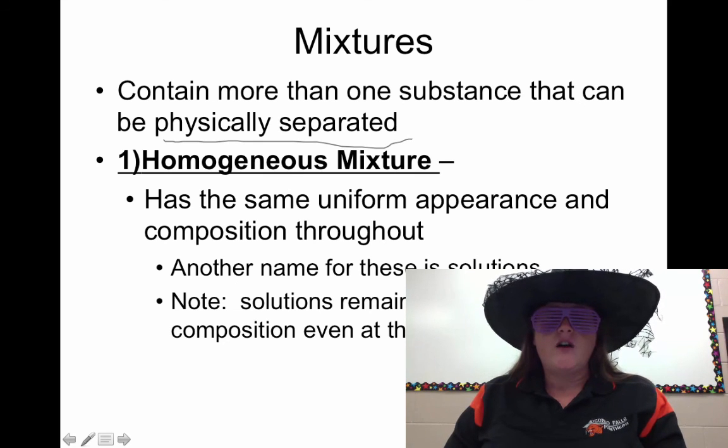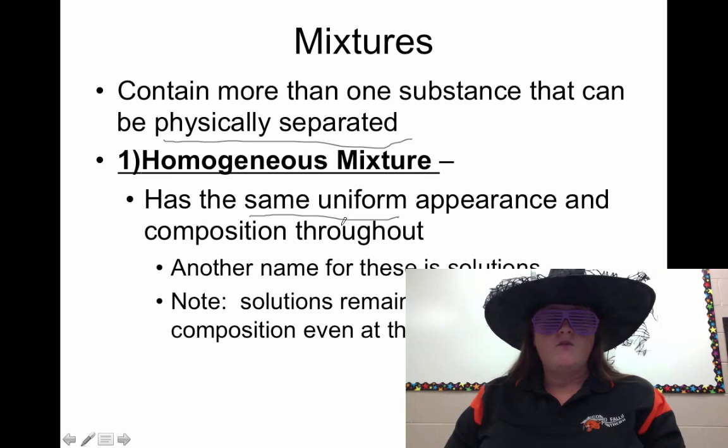Homogeneous mixtures are also called solutions. A homogeneous mixture has the same uniform appearance and composition throughout. And one thing to note is that if you're looking at a solution, a homogeneous mixture, it will remain uniform in composition even at the microscopic level.